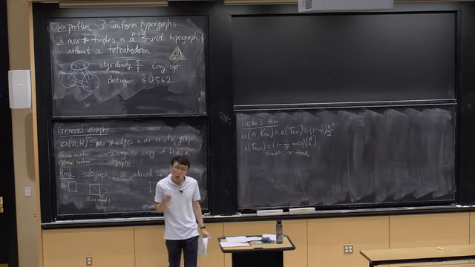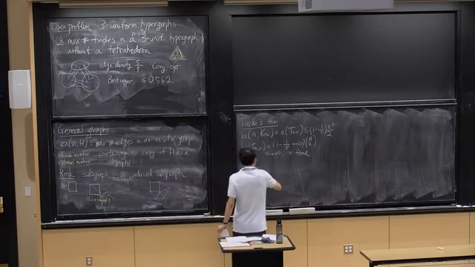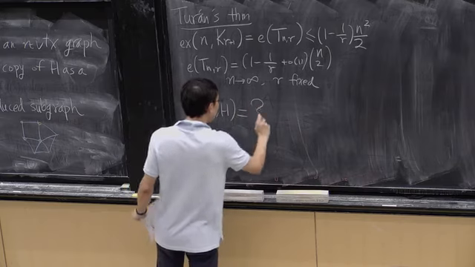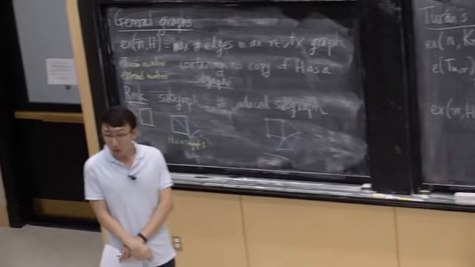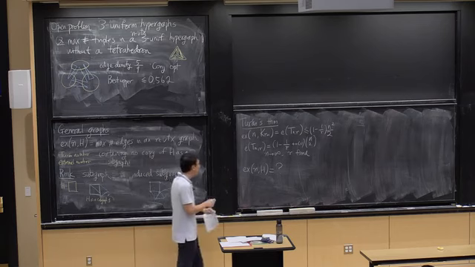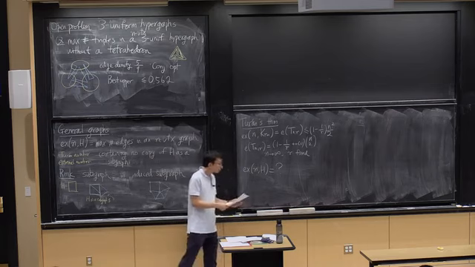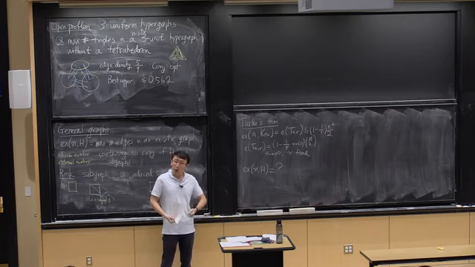And the basic question is, what about general H? If I give you some arbitrary graph H, what can you tell me about the maximum number of edges in a graph forbidding this H as a subgraph? It turns out for most H's, we have a pretty good understanding.